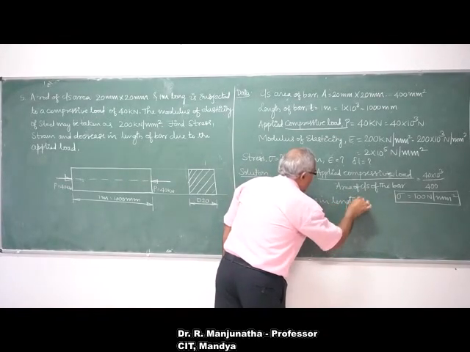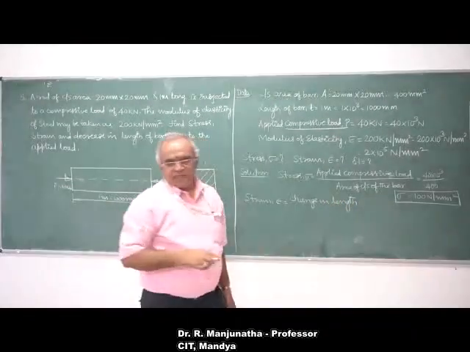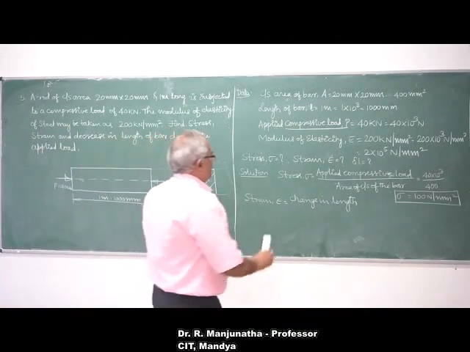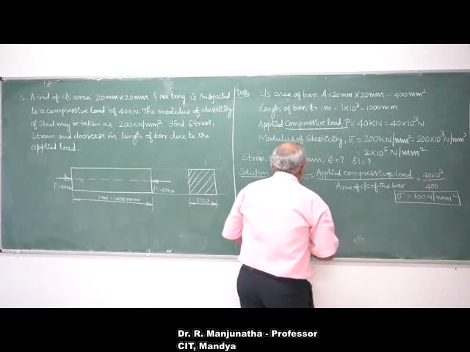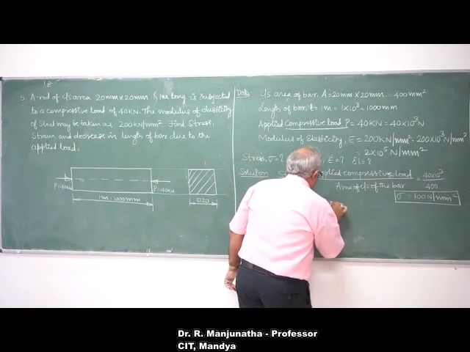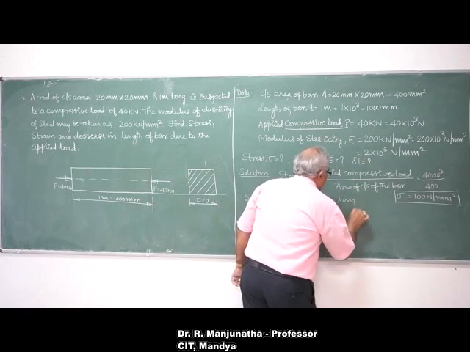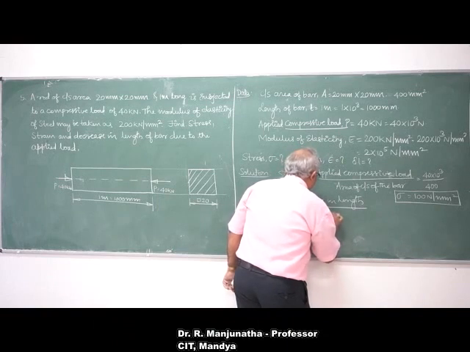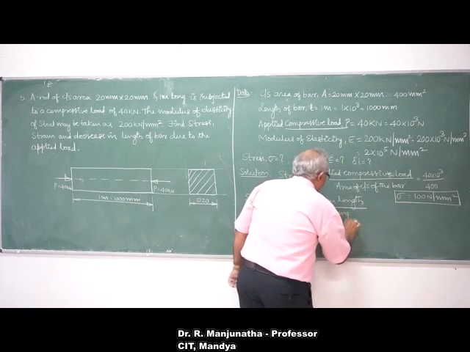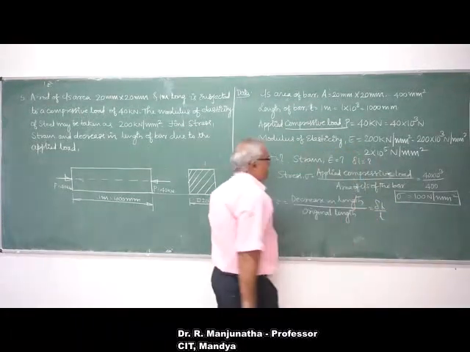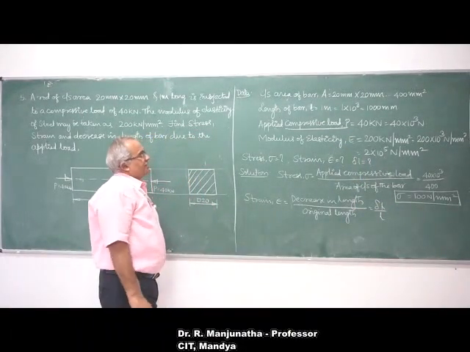The change in length, or decrease in length, we can say, by the original length. So that will be equal to delta L by L.